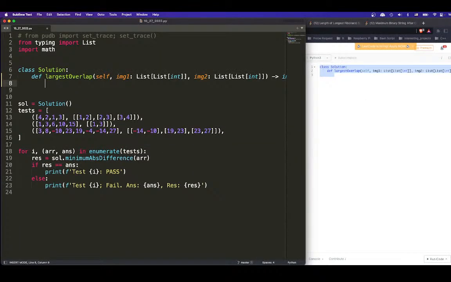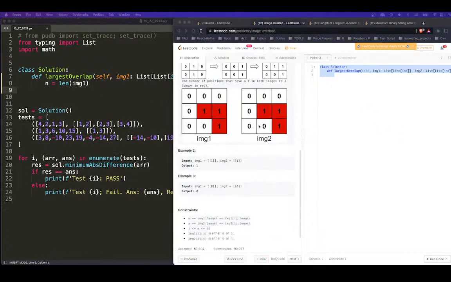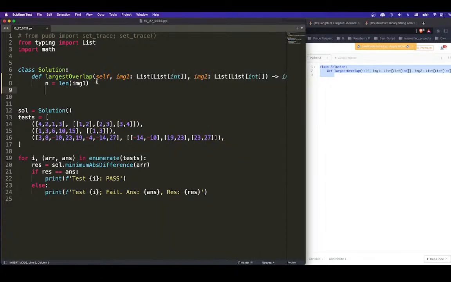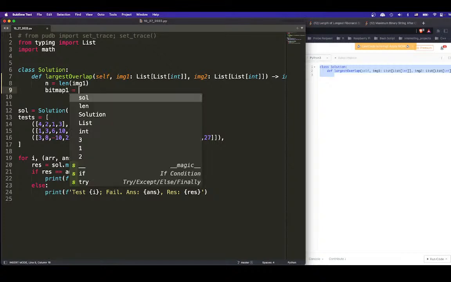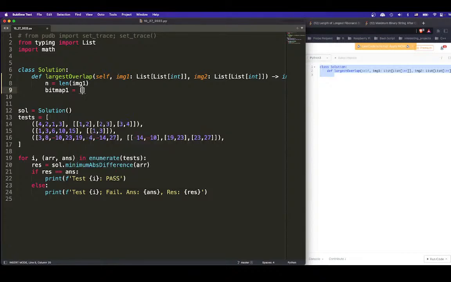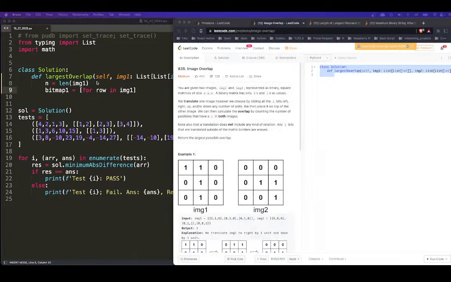Okay, so n equals len(image1). Doesn't really matter because these are the same. And then we're going to turn bitmap1 equals to... So how to turn this into a bitmap? A row in image1, right? I don't know what would be the easiest way to do this.